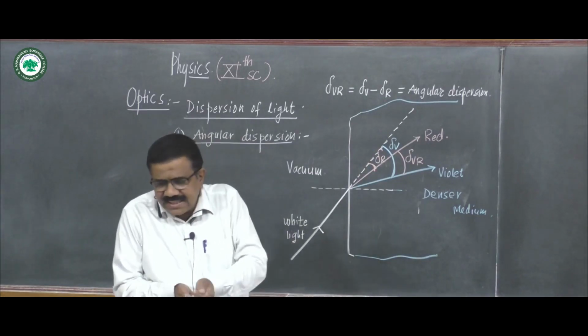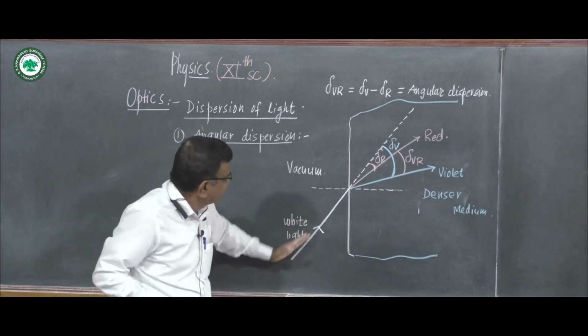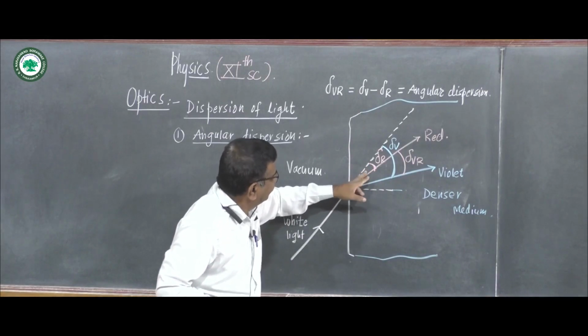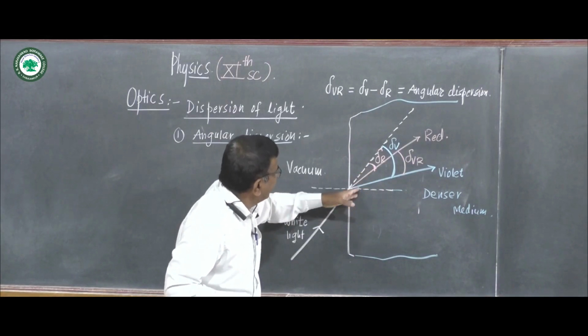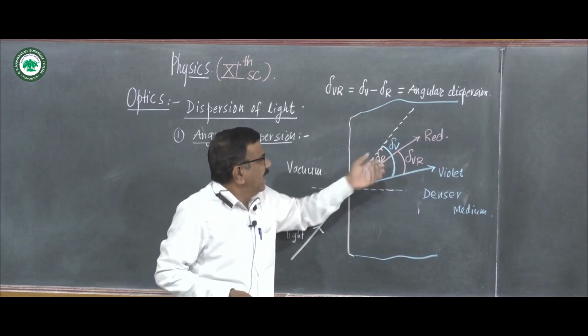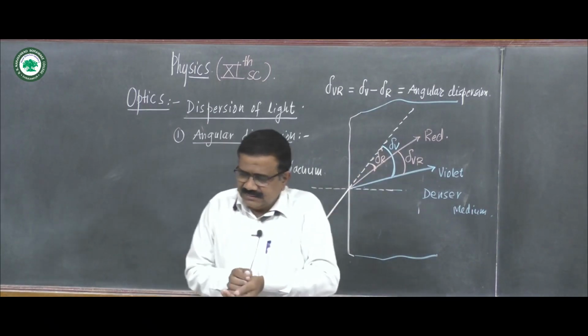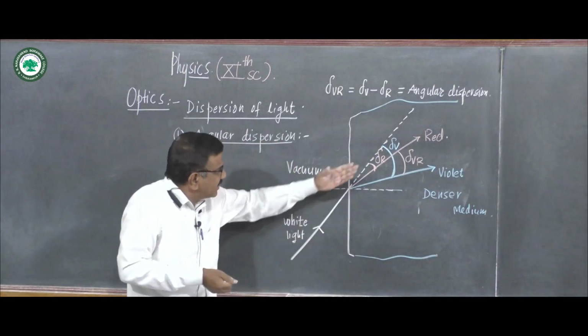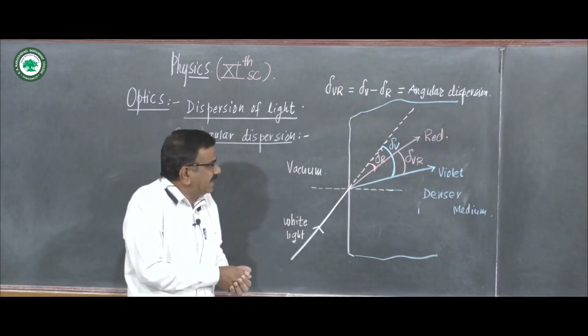For this obliquely incident ray, the angles of refraction are different for different colors, and they separate, or disperse, and travel along different directions, causing the dispersion of light.